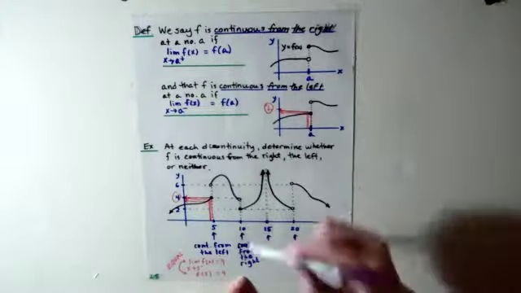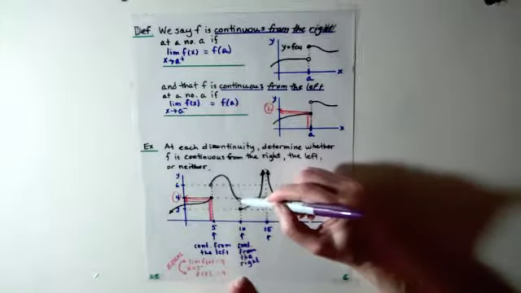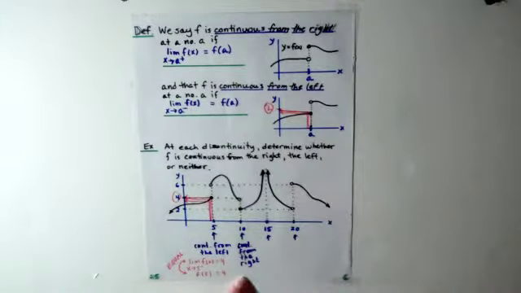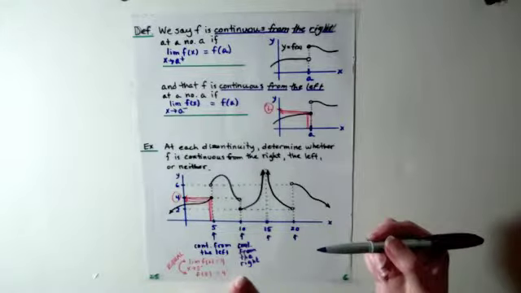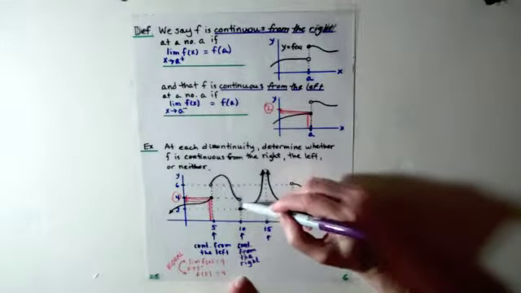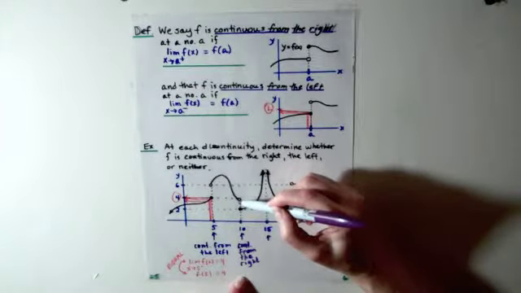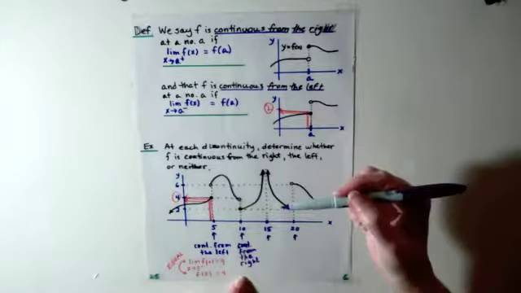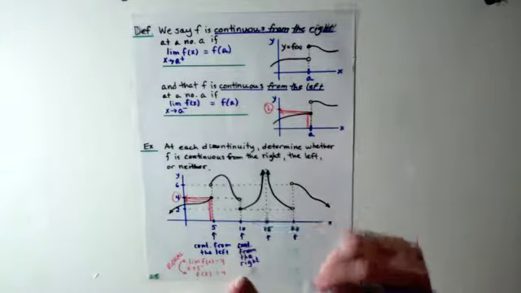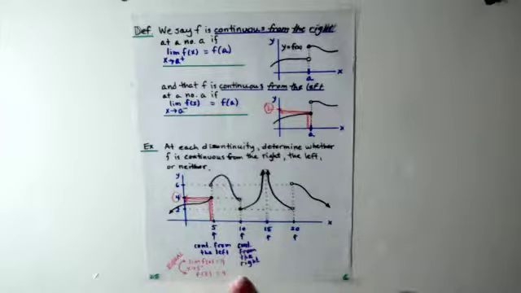Sometimes I have students say, well, what if I had a solid dot on the left chunk as well? Then wouldn't it be continuous from both the right and the left? But that wouldn't be possible, because if I had a solid dot here, I actually wouldn't have the graph of a function. Remember, the graph of a function has to pass the vertical line test. Every input has to correspond to just one output.